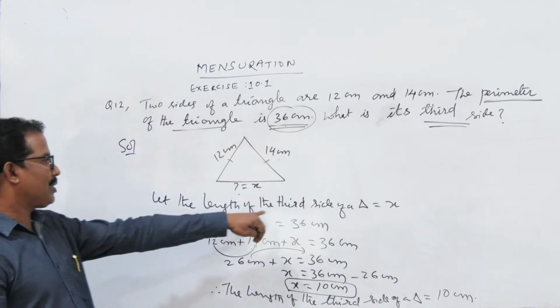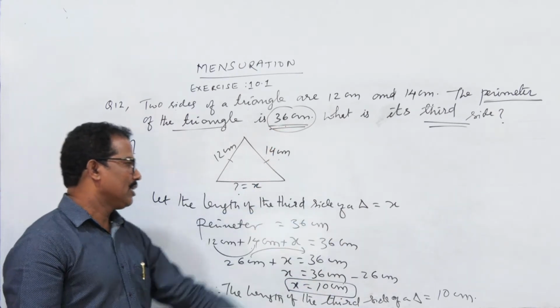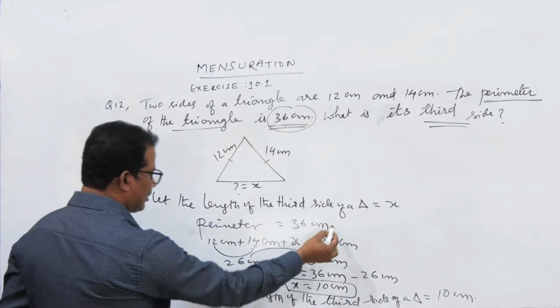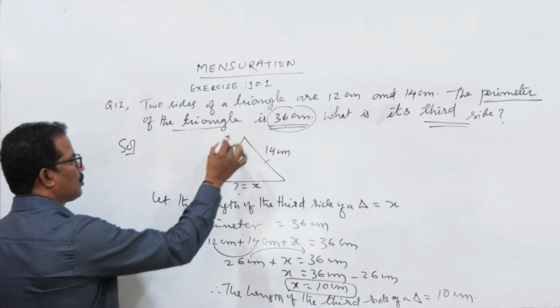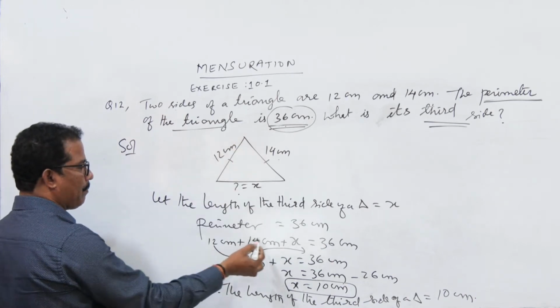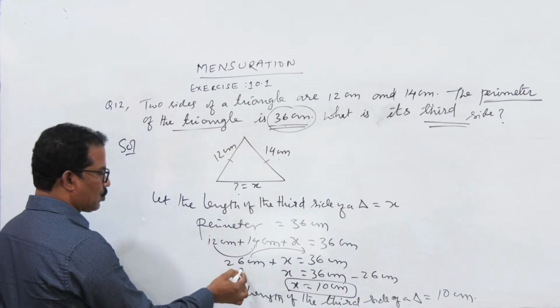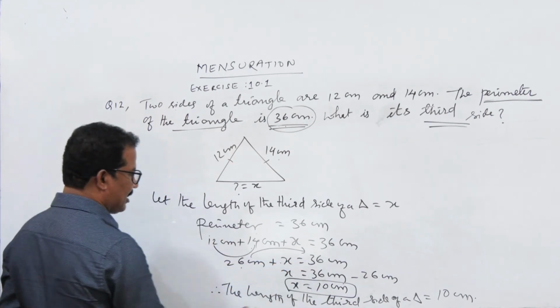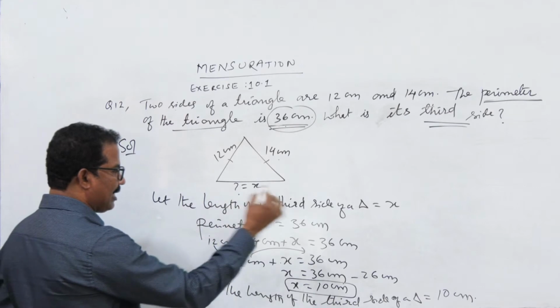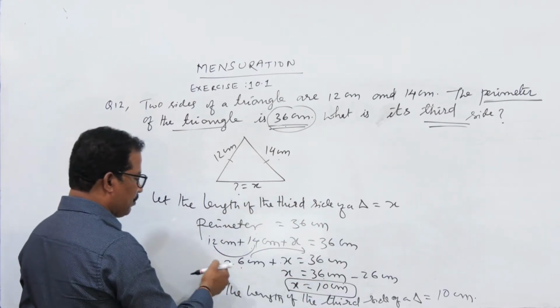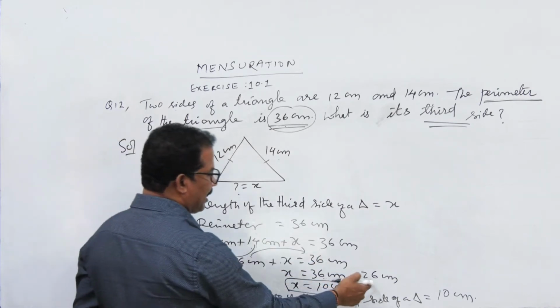So let the length of the third side of a triangle be taken as x. Then its perimeter is equal to 36 centimeters. Perimeter means total length of the boundary. That is 12 plus 14 plus x is equal to 36. And 12 plus 14 is 26, plus x is equal to 36. We shift this number to the right hand side. Already 36 is here, and this plus 26 will become minus 26.